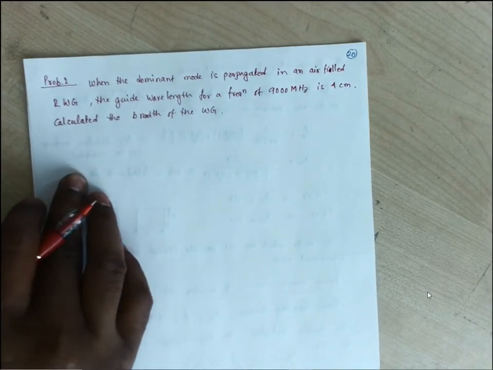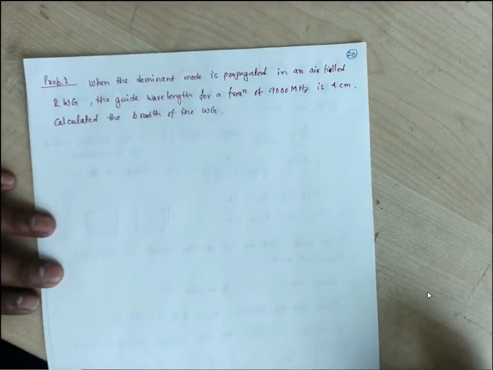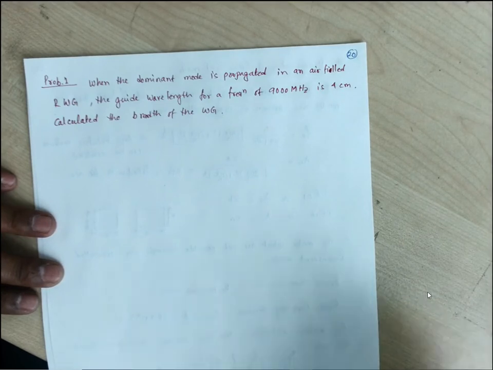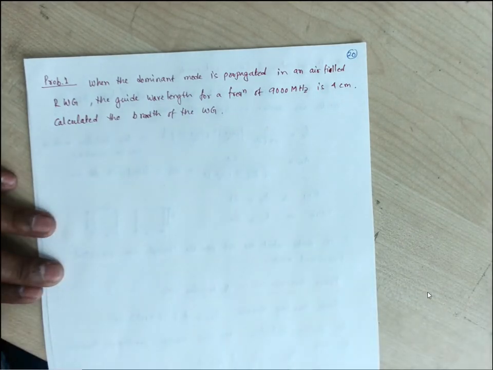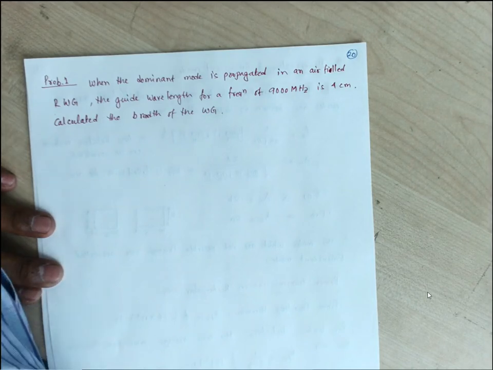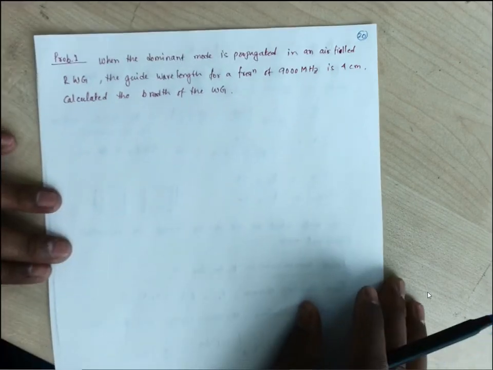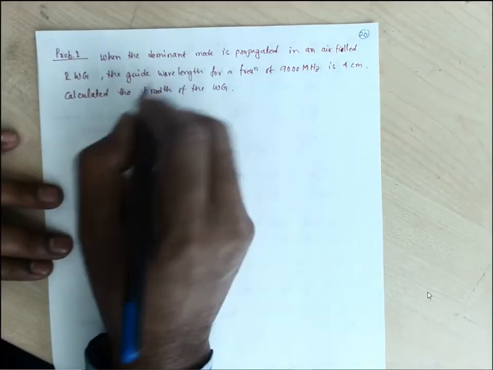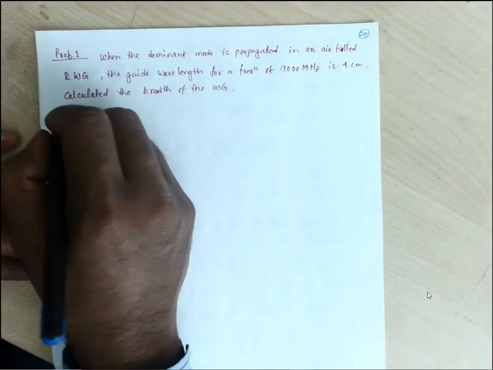So what is given? The dominant mode is propagated and it is filled with air. The wavelength inside the waveguide is 4 centimeter for the operating frequency of 9000 megahertz. We need to calculate the breadth of the waveguide. First of all it says dominant mode.